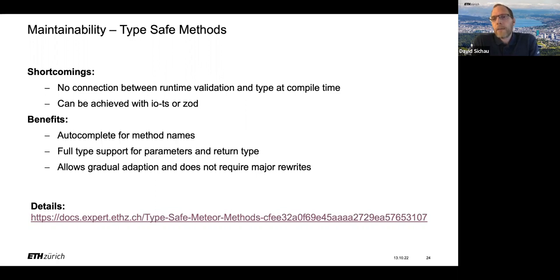And this really helps to gradually adapt TypeScript, which is very important because you can't switch a large code base to TypeScript in one step. If you want to read up more details about this, there's a blog article. I put the link in, where you can read it up, because I think I was too fast.